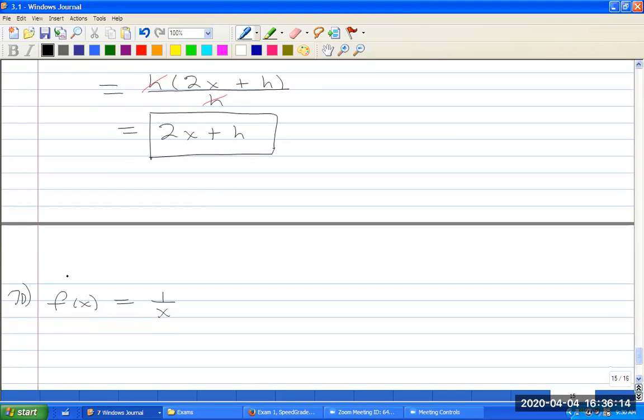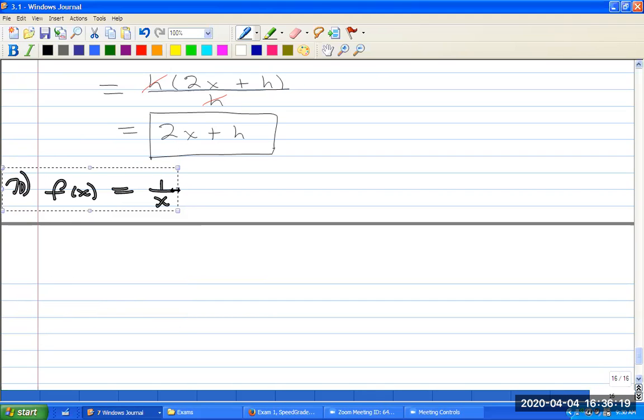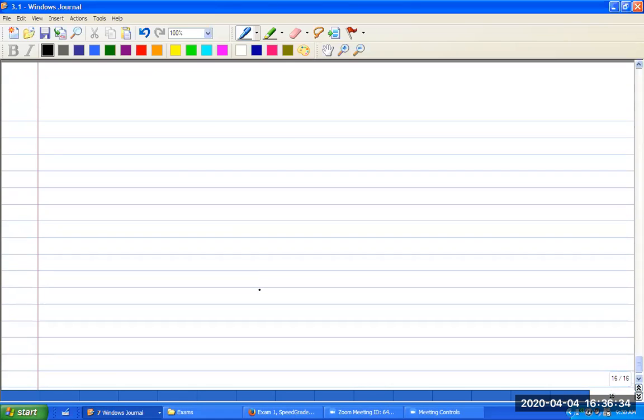Problem number 70. Again, I want to find the difference quotient, but in this case it's for the function f of x equal to 1 over x. The difference quotient is f of x plus h minus f of x, all divided by h.